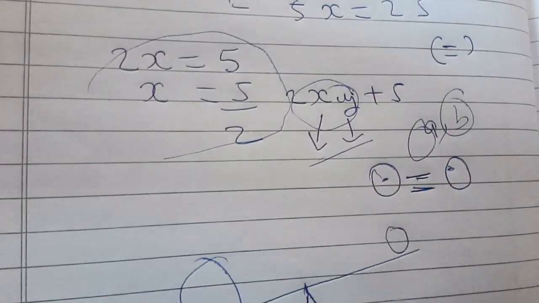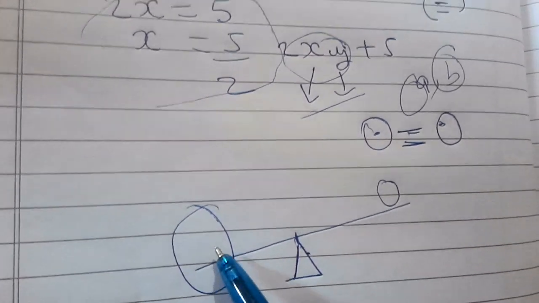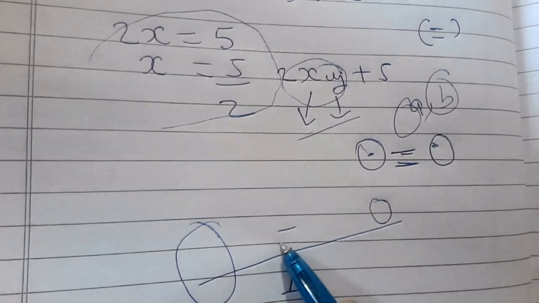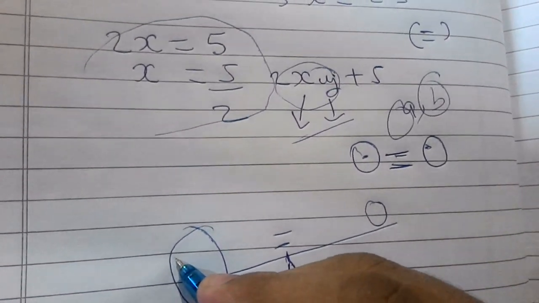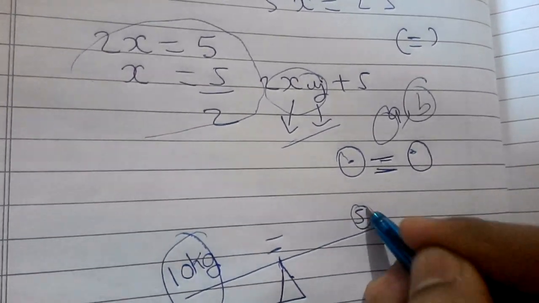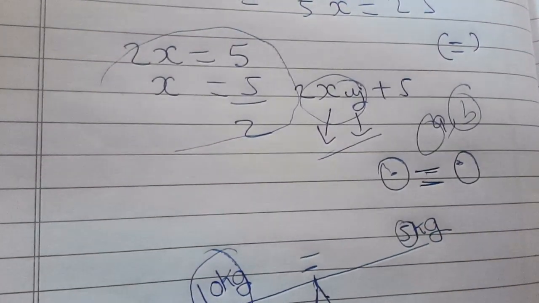For doing so, in this seesaw, it's not balanced because the heavier person is down and the lighter person is up. So for equaling this, in numbers, for example, this side is 10 kg and this side is 5 kg.